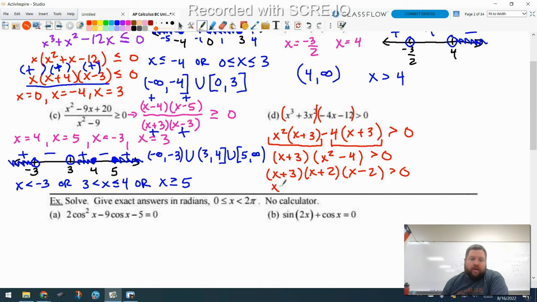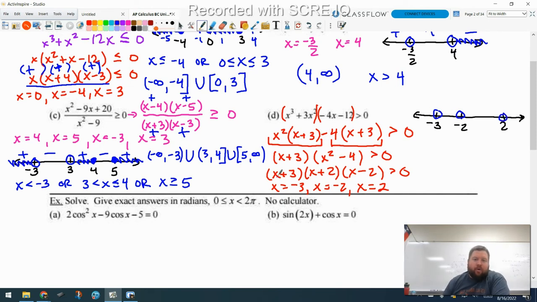So we get our critical values of negative 3, negative 2, and positive 2. Put those on our number line. We have a regular greater than, so all open circles.